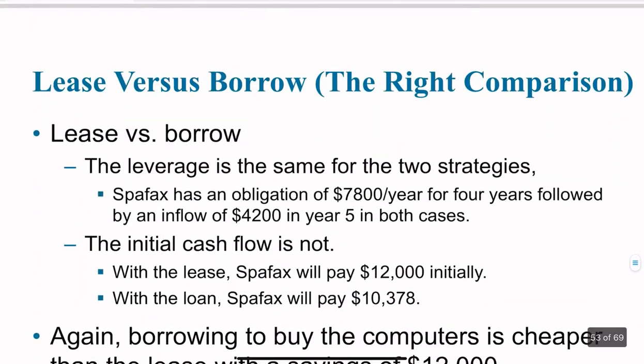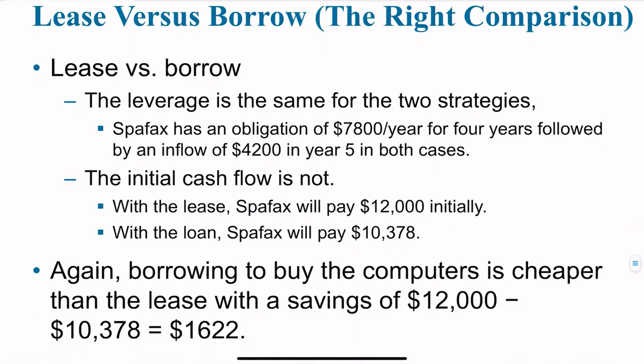Okay, that was a detailed look at how the lease equivalent loan works. To be more specific, how the lease equivalent loan will change the firm's cash flows. So this is basically a summary here. The leverage is the same for the two approaches, right?